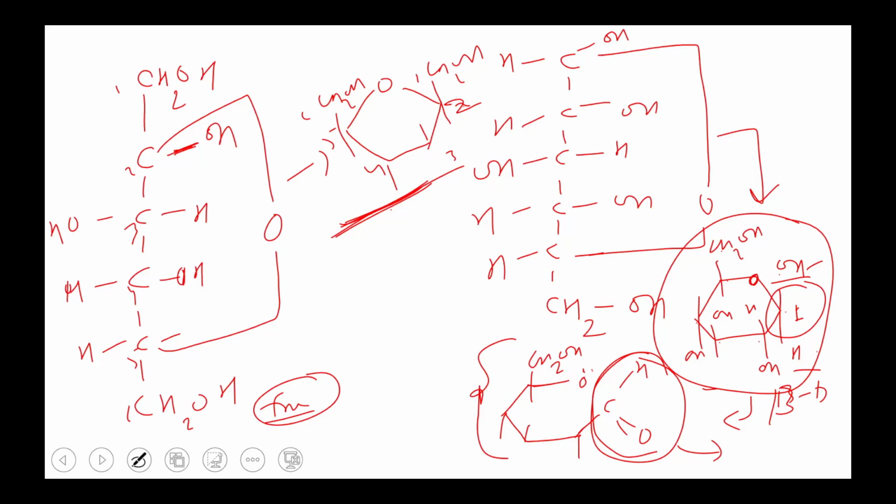They oxidize and reduce those ions and undergo oxidation. So that is why they serve as reducing sugars.